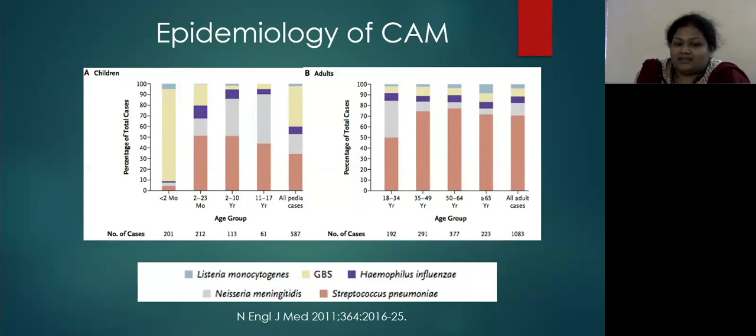While in the adults, it is strep and Neisseria, and then strep actually takes over the majority. It's only in the extremes of age that you will get listeria. So mainly strep and meningococcal infections.